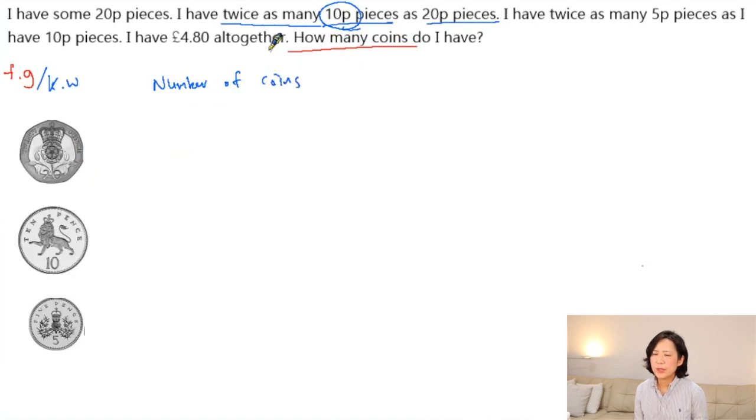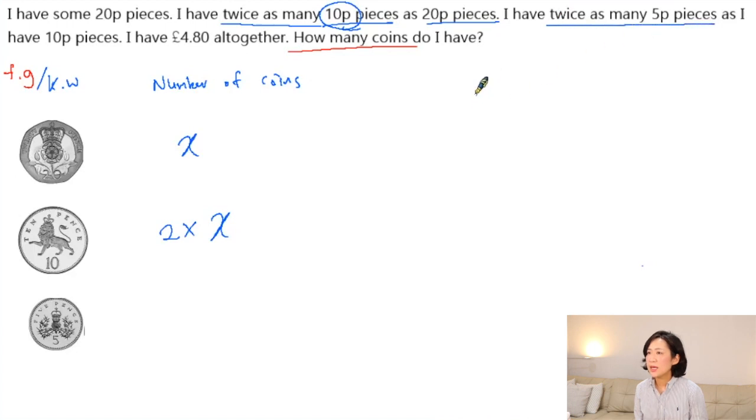Then we also need to think about which number of coins will be our variable. The number of 10p coins is twice as many as 20p, so let's put x as the number of 20p coins. Then twice as many as 20p is the number of 10p coins.